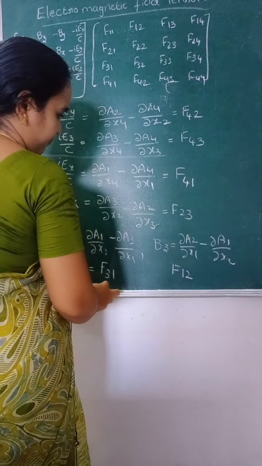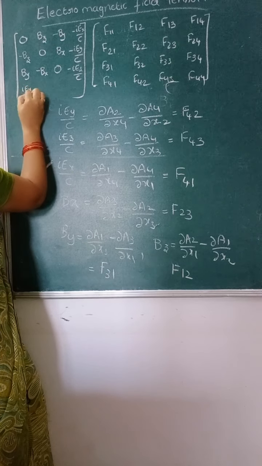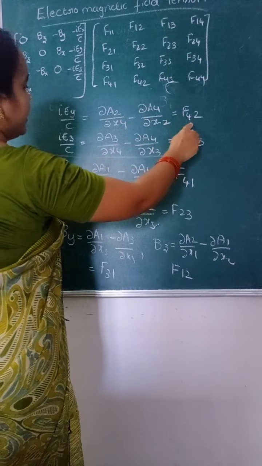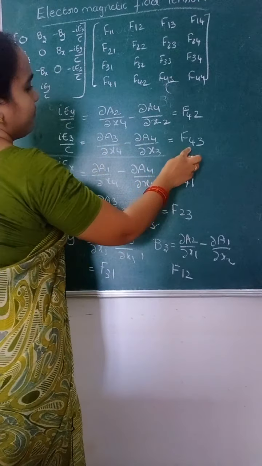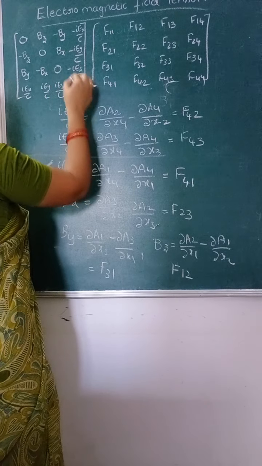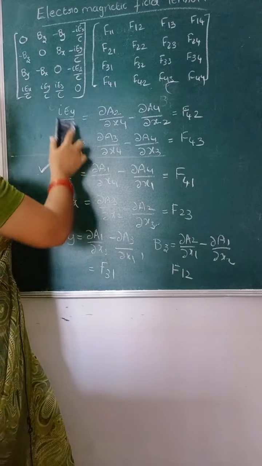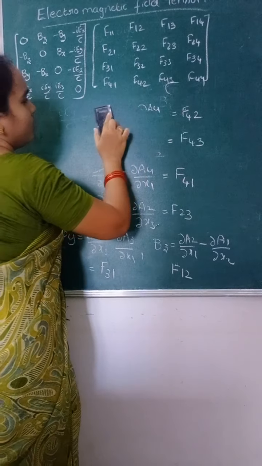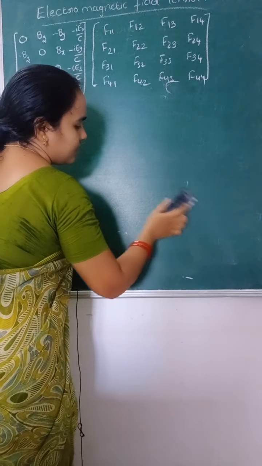F41 is iEx/c. F42 is iEy/c. Next, F43 is iEz/c. And the last component is 0. So in this way, the electromagnetic field vectors are represented in a tensor form.